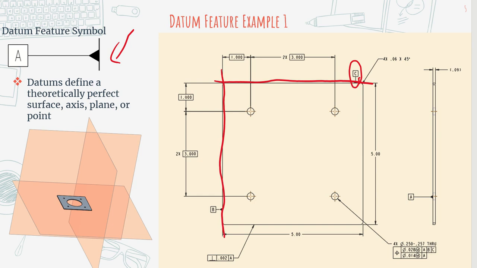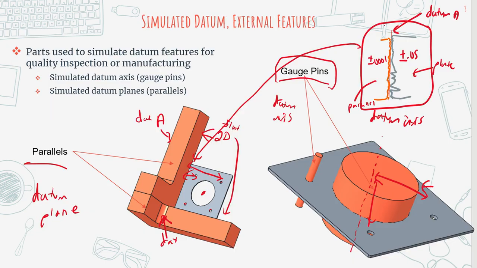Sorry, these should be flat lines, I just can't draw a straight line. And this is where datum A is created. So physically what that looks like is you have a plane here, and then you have a plane here, and then you have a plane here. So that's going to be your A, B, and C datums, which, as we talked about before, can then be represented as parallels when they're actually physically doing the inspection.